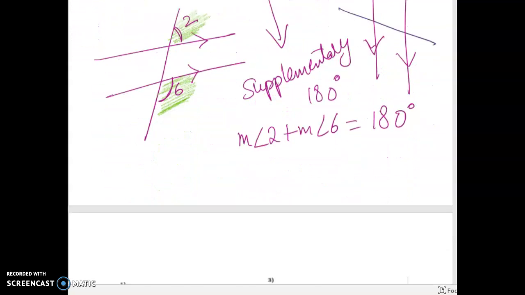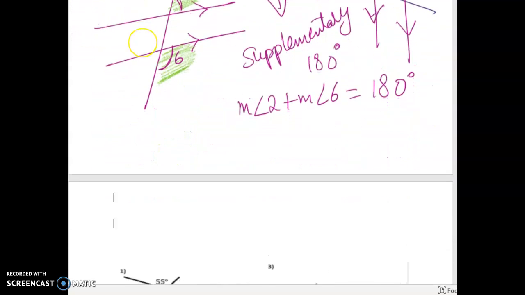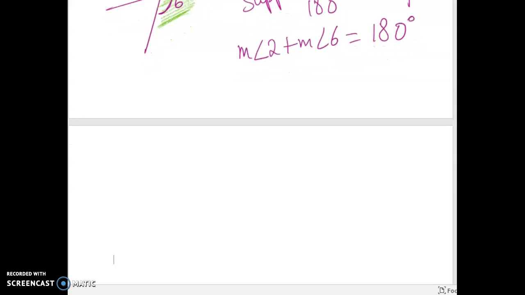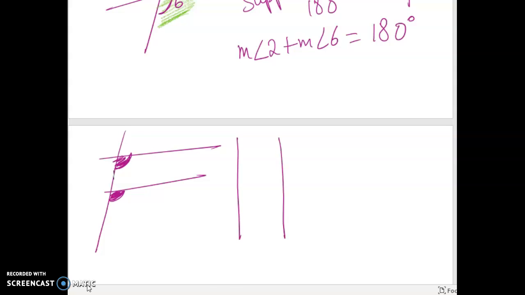Another easy way to memorize or understand this is a fun way. Why a fun way? Because if I have two lines cut by transversal, these are my corresponding angles, right? Let's treat it as two lines cut by transversal.